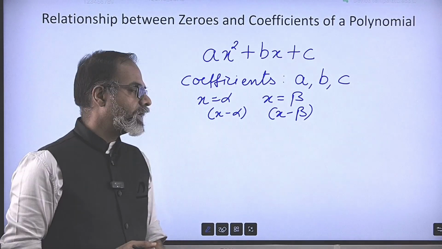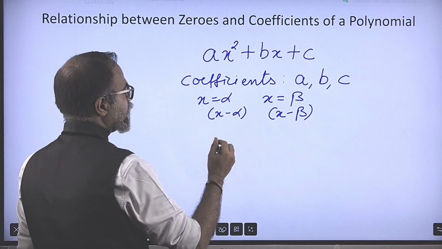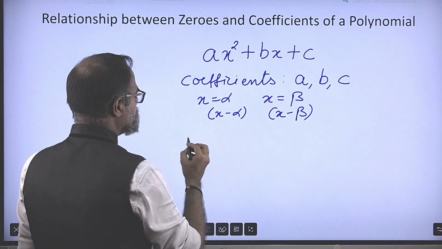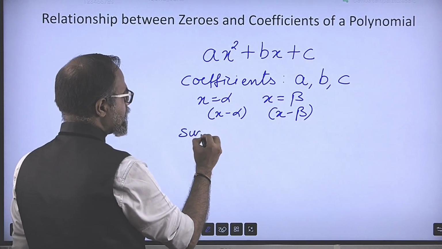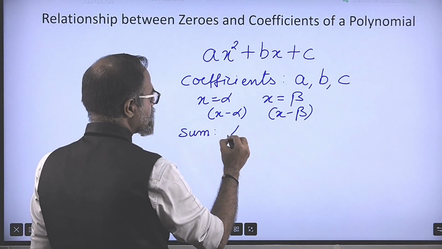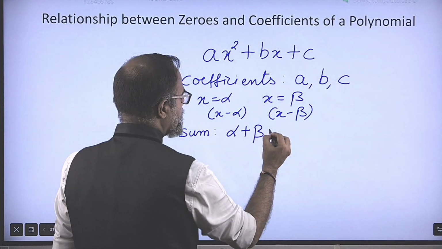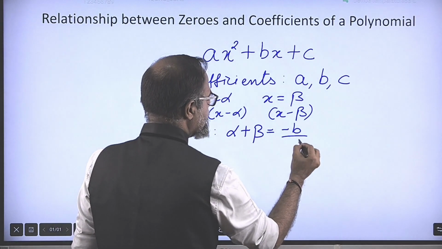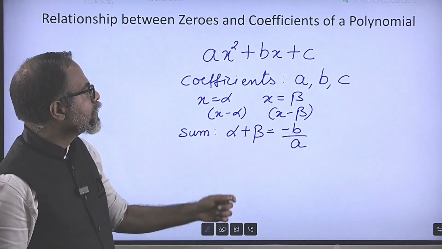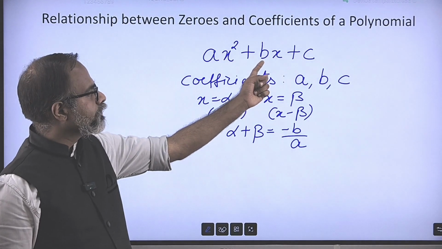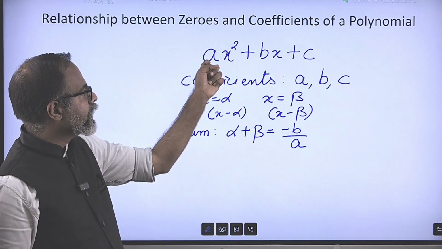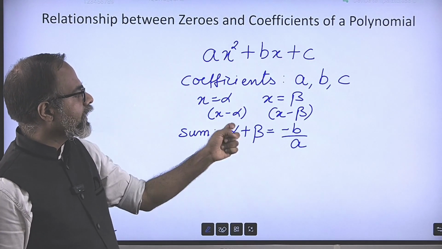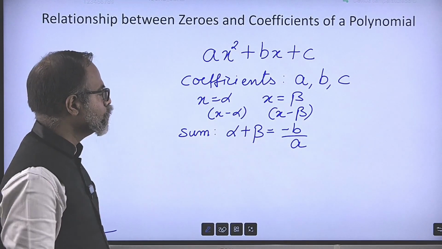Now, remember, if alpha and beta are the zeros, then the sum of the roots, alpha plus beta, is given by minus b by a. So the negative value of the coefficient of the x term divided by the coefficient of the x square term will give you the sum of the two roots.